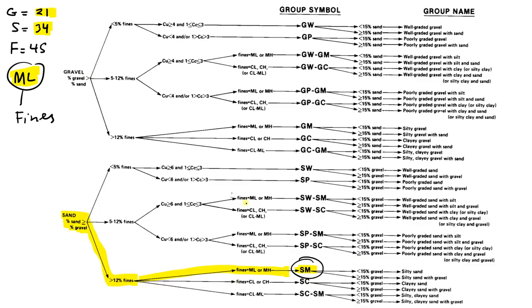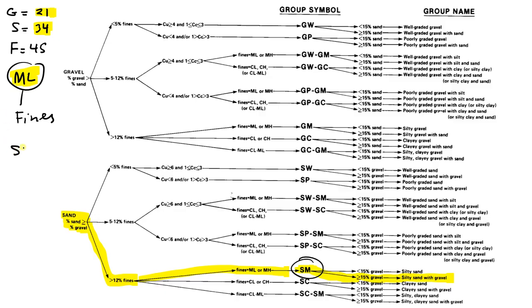Now again, we have two categories here. One is percentage of gravels less than 15%, and the second case equal to or greater than 15%. So the gravels are 21%, so we are going to go here, which is more than 15. So the soil classification here is silty sand with gravel.